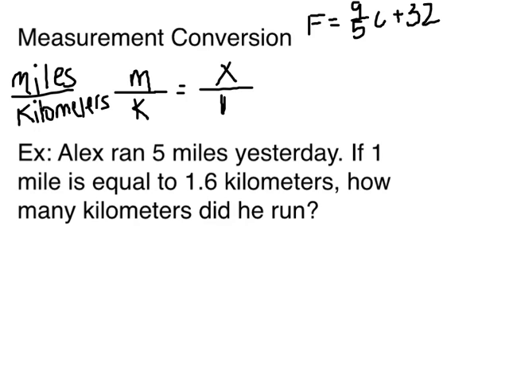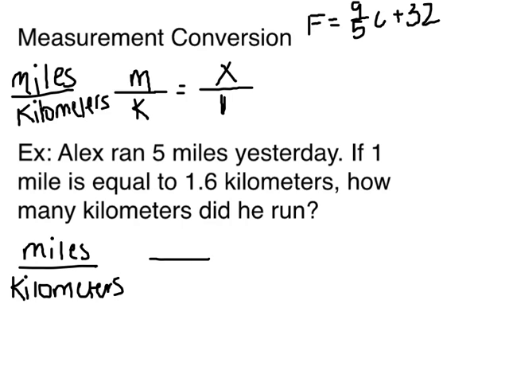For you to get a better idea, let's look at this example. Alex ran 5 miles yesterday. If 1 mile is equal to 1.6 kilometers, how many kilometers did he run? So miles over kilometers, and does it matter which one's on top? That's right, no, as long as you're consistent.